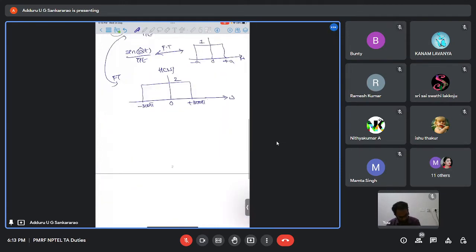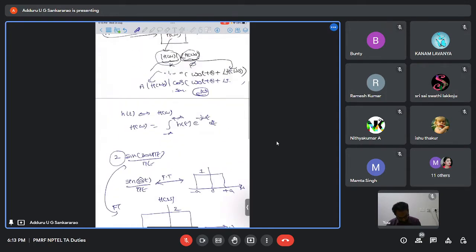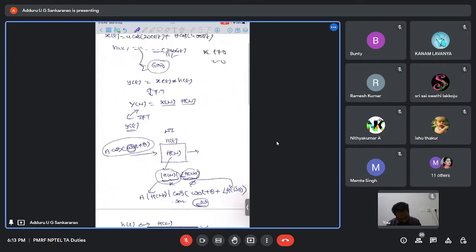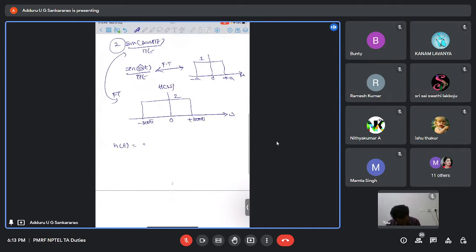That means h of t you can represent as 2 sin(300 pi t) by pi t plus 600. This is h of t. Now how to find the Fourier transform of this 600? It's a constant.